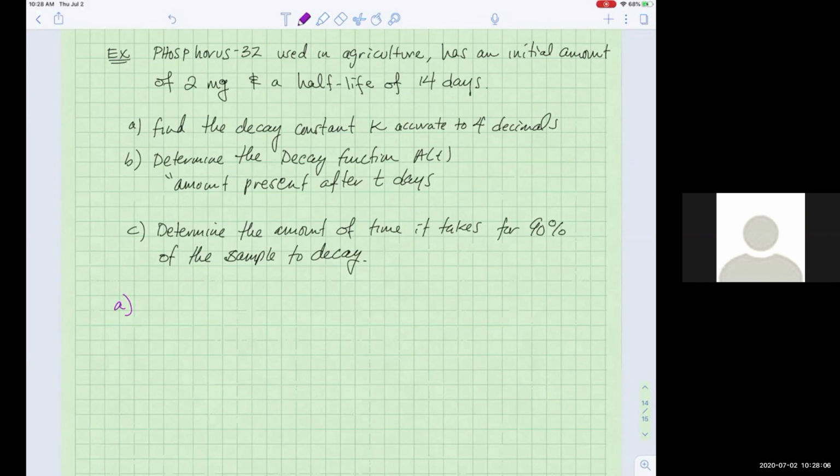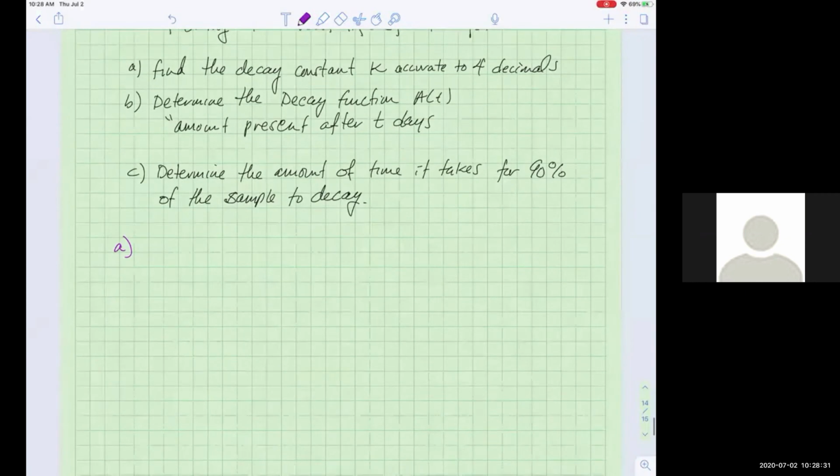At no point anywhere in this problem will we be using the number 32. That is just a numerical value name for the isotope of phosphorus, and it has nothing to do with our calculation. So I see a lot of students, they don't know what to do, so they just throw 32 in there somewhere. So let's start off with what we're talking about.